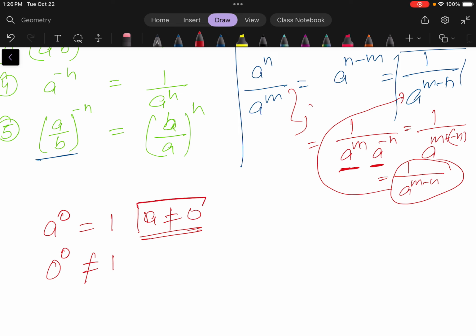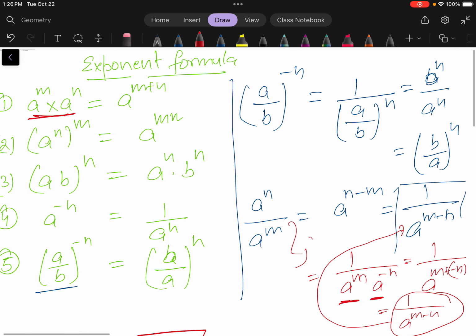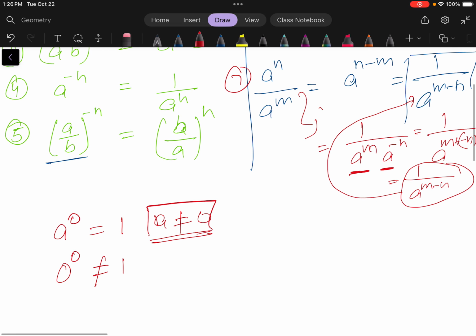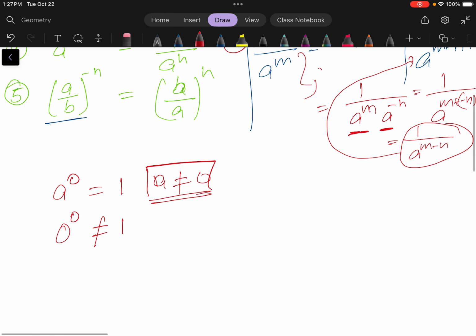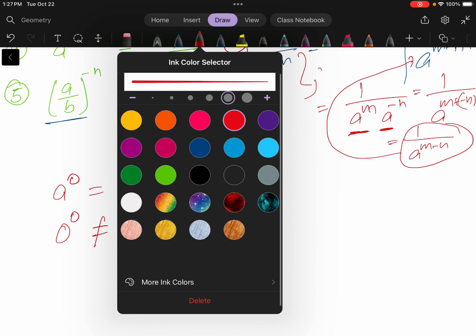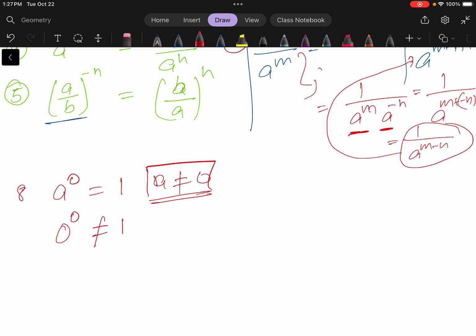That's why I have written that a is not equal to 0. Now next formula, so let's have the numbering over here: 5 formula, then we have 6, this is 7th, this is 8th formula.